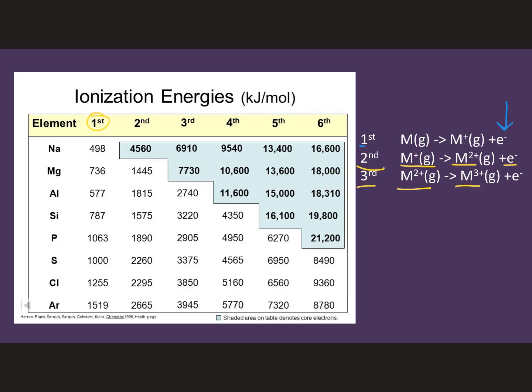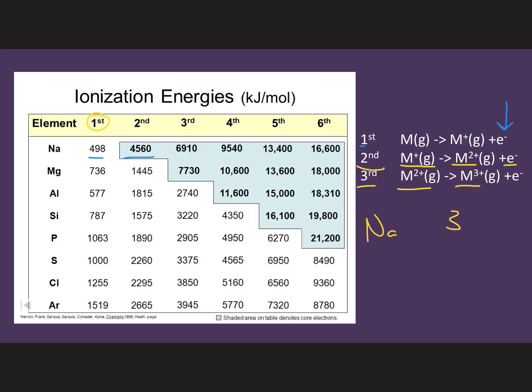That's the first piece we see. But there's also a staircase in this chart, so let's see what happens along it. When we go from sodium's first ionization energy to the second, that's a huge jump, an order of magnitude. Why does that happen? Let's think about the electron configuration of sodium.